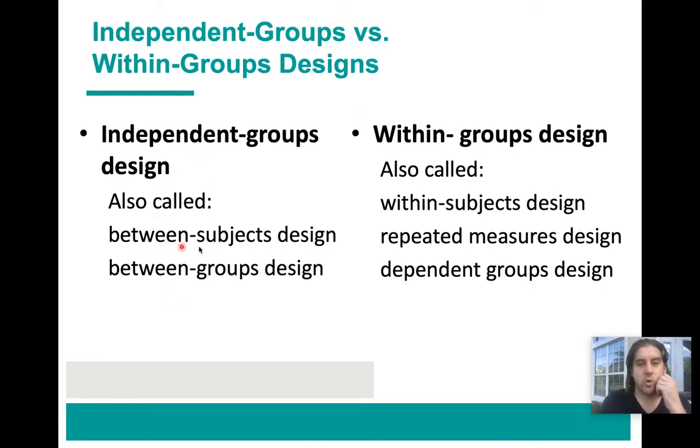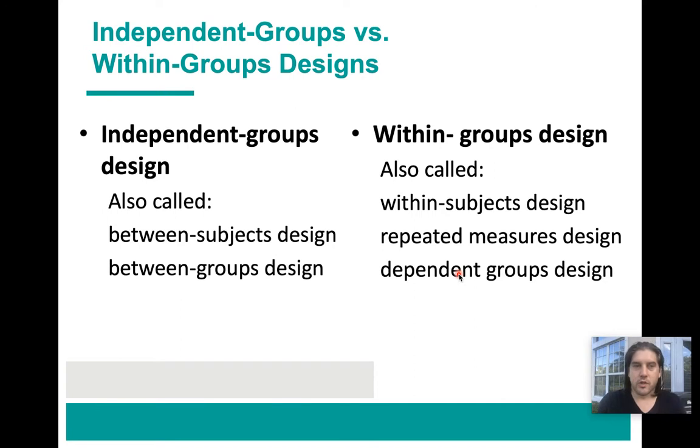These terms are synonymous. Independent groups, or between subjects, means we have two or more separate groups of people: group A, group B, potentially group C, group D. A within groups design is one in which we have a single group, group A, but group A goes through multiple iterations of the experiment.